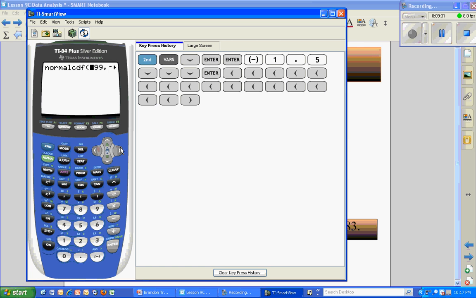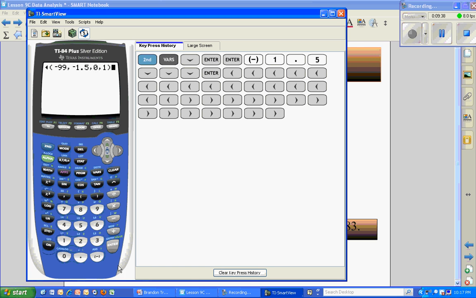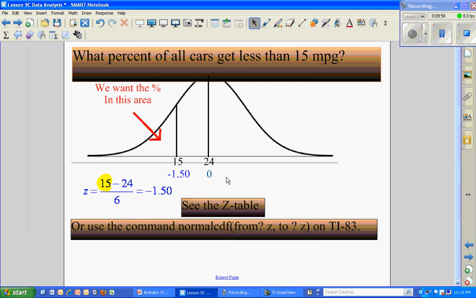You would just type in negative 99, comma, negative 1.5, comma 0, comma 1. This is going to give you a decimal answer. This says 0.0668, which, to change from a decimal to a percent, you move the decimal place over 2 places. So 6.68% of the cars get less than 15 miles per gallon.